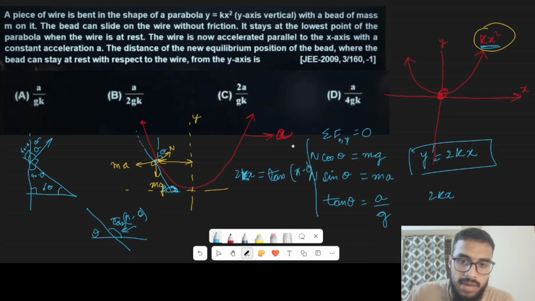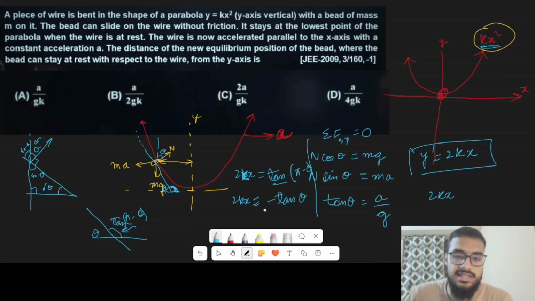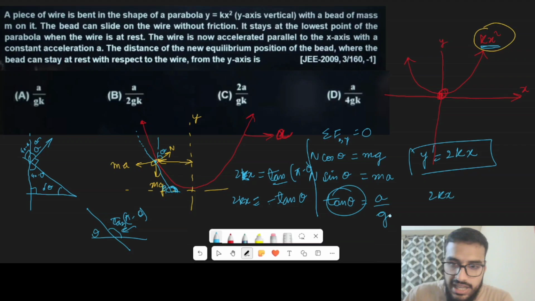If you know these angle transformations, pi minus something, the trigonometric ratio won't change, so tan of pi minus theta is minus tan theta, because in the second quadrant tan is negative. And what is our tan theta? We already got it, a by g. So can we say our 2kx is minus a by g?